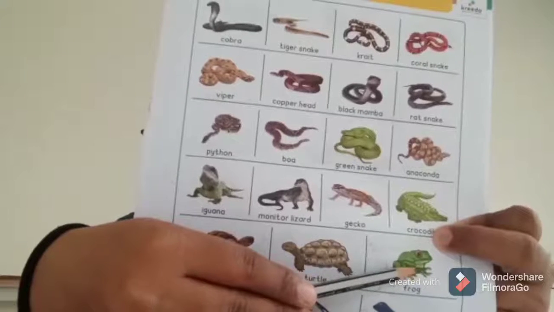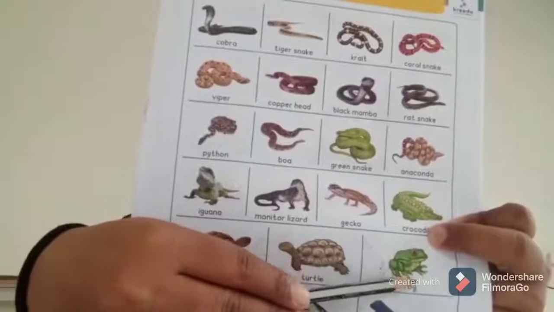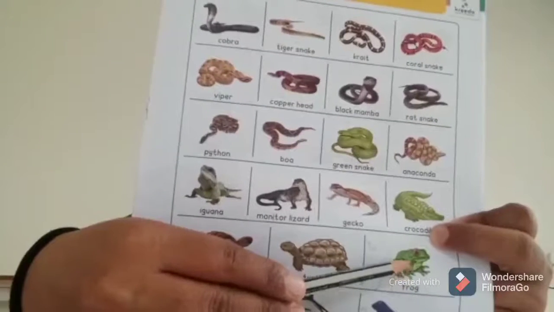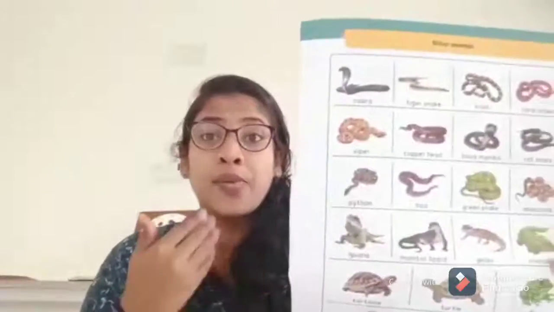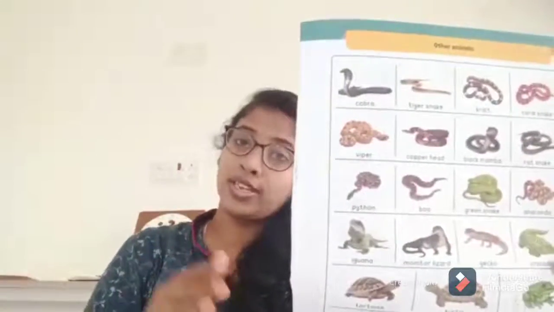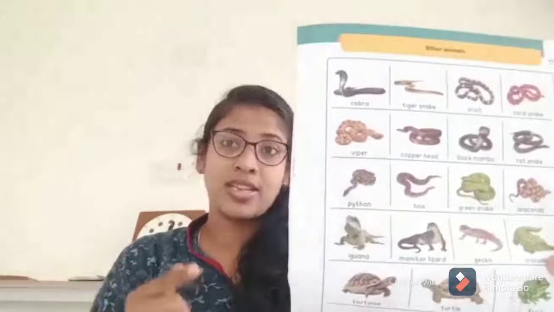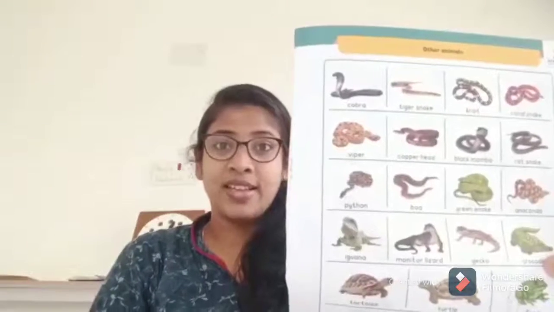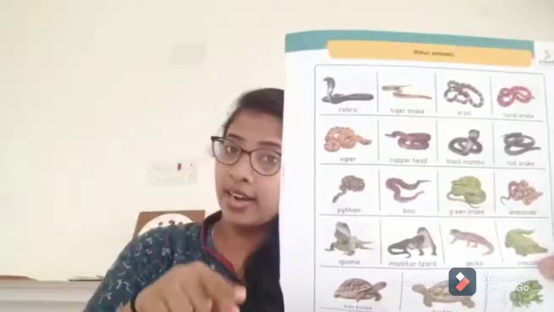Frog has special features like it can breathe through lungs when it is on land and it can breathe through gills when it is underwater. So frog can live both on land and underwater.